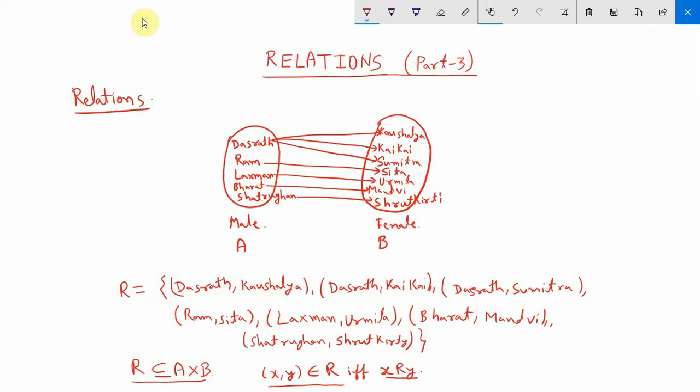Okay friends, so now we have seen what a relation is through this example. Now we will define a relation. What is a relation?